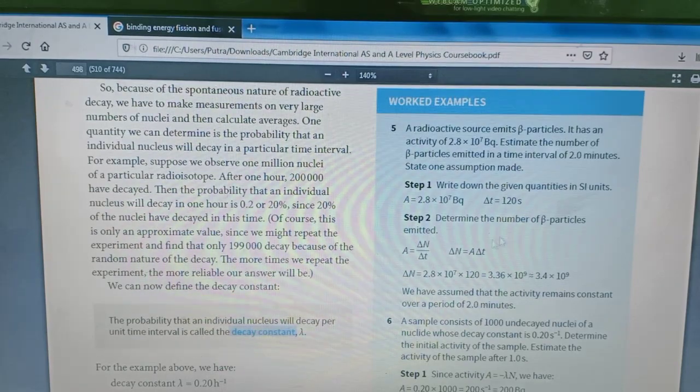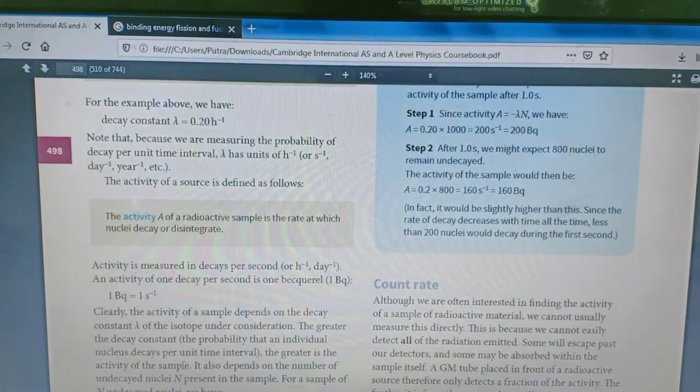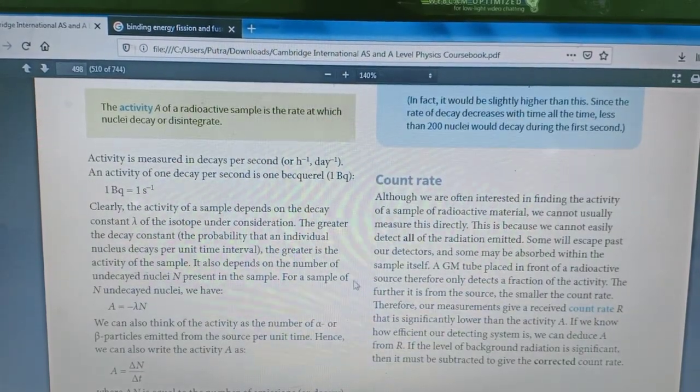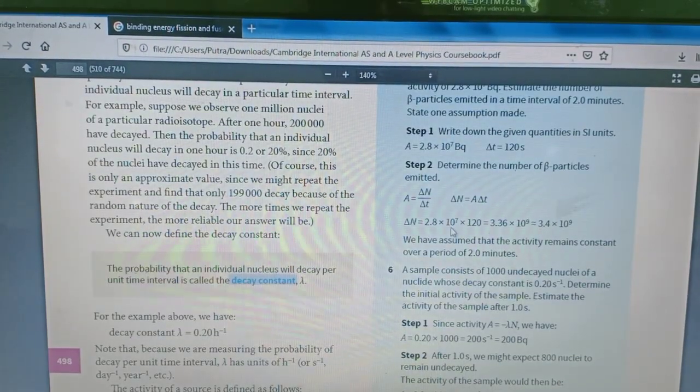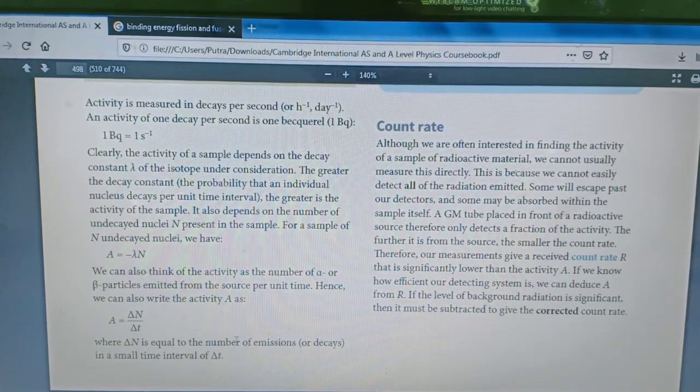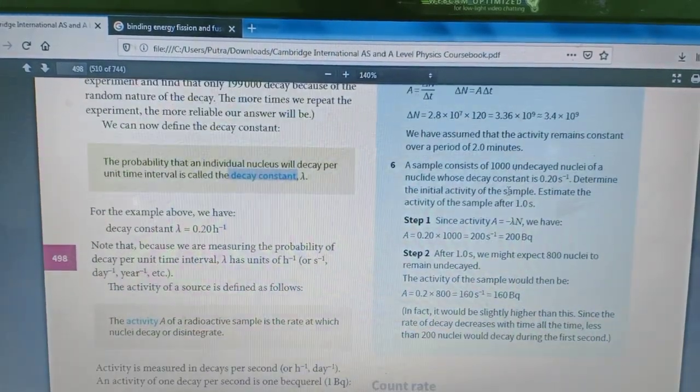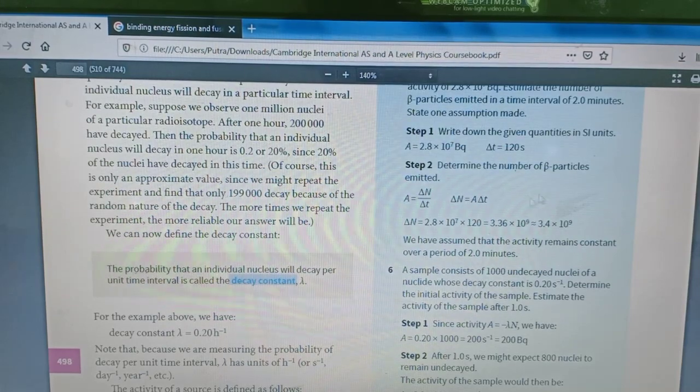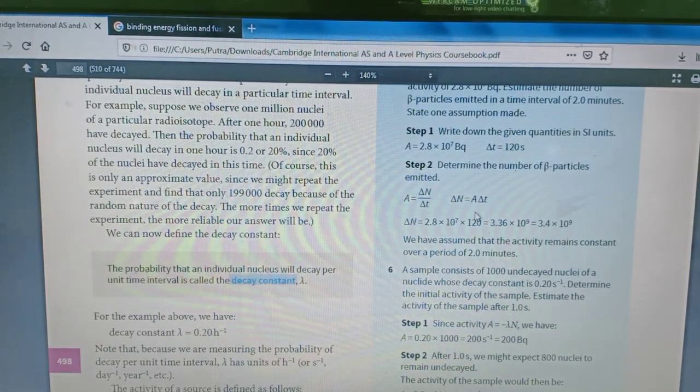Okay, we can write down the quantities, and after that, we can use the formula A equal to delta N over delta t. They ask for delta N, the number of emissions, how many beta emissions happen in that time. So delta N will be just A times delta t.